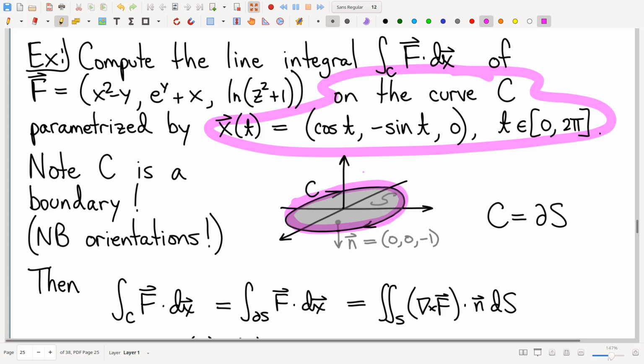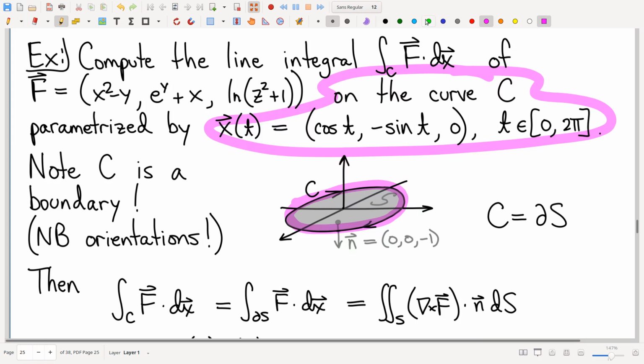Remember all the discussion we did in the past about how that minus sign represents a reflection, and of course cosine t, sine t you all recognize. I hope you can think through the various tools we've discussed and persuade yourself that this is the unit circle in the xy plane, oriented like I have indicated here. Make sure you're good with that orientation; there are some subtleties in there. And is this a boundary?